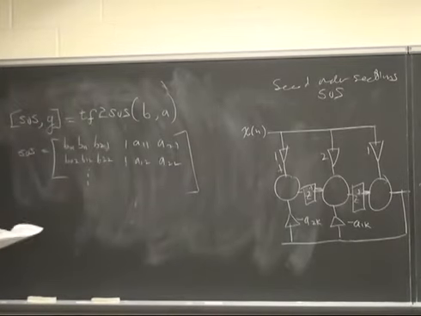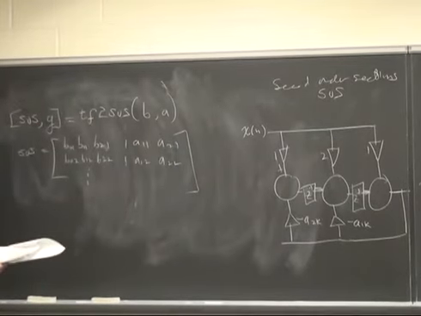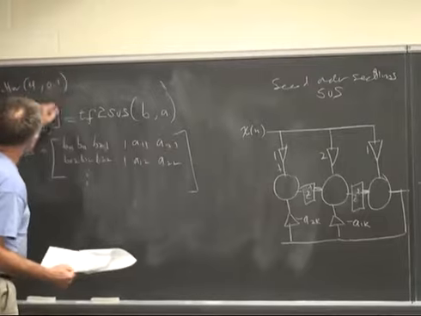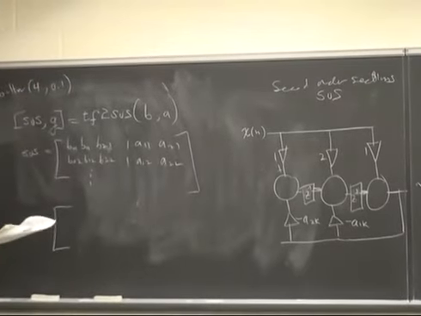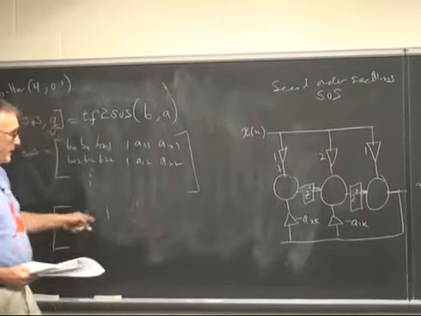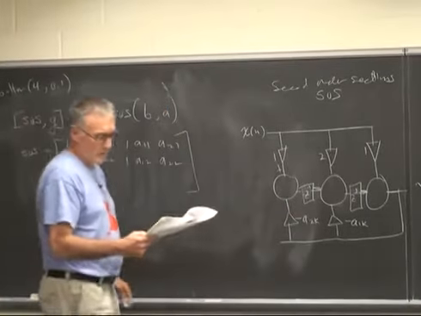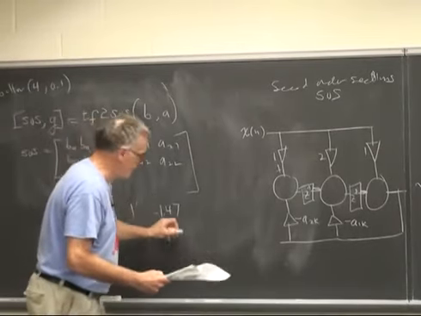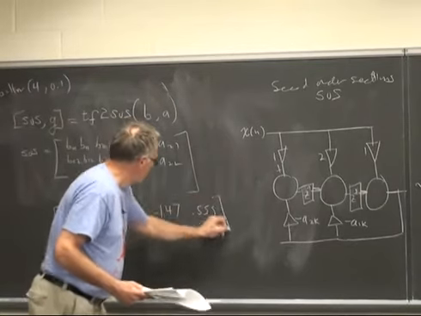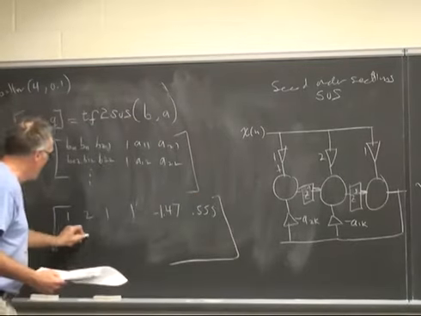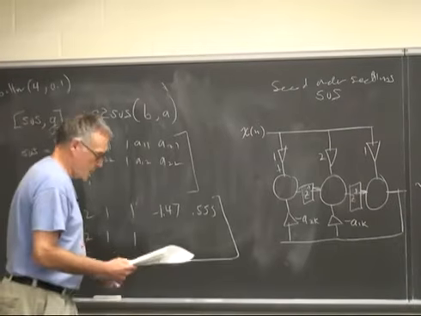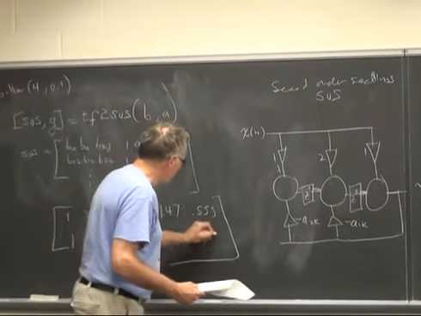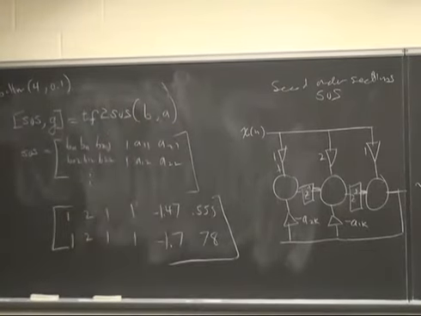And if we were to carry this out for the filter we just did with butter for 0.1, we would find that this structure has values 1, 2, 1, hence the 1, 2, 1 here, 1 minus 1.47, .555, and the second row is going to be 1, 2, 1, 1 minus 1.7, .78.